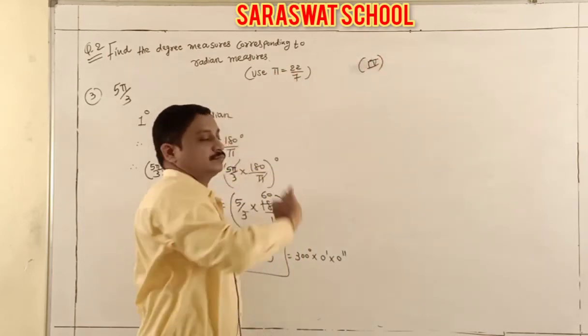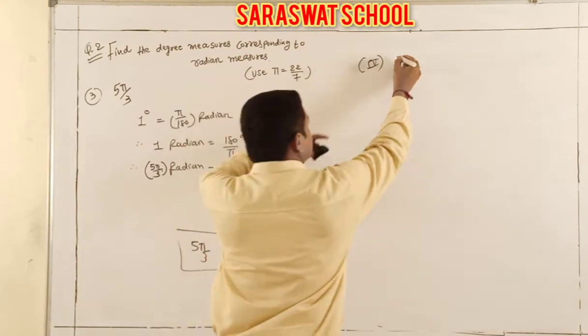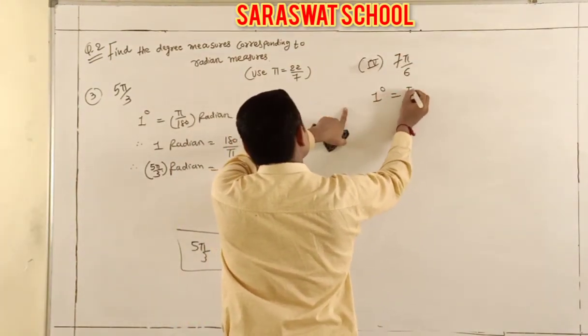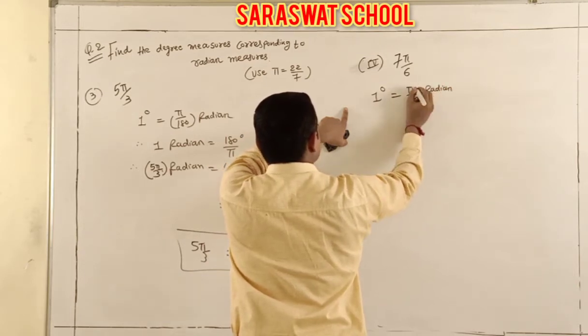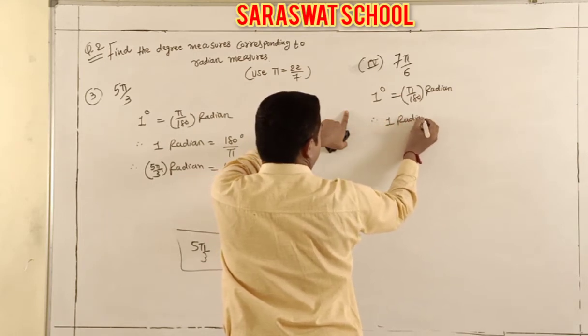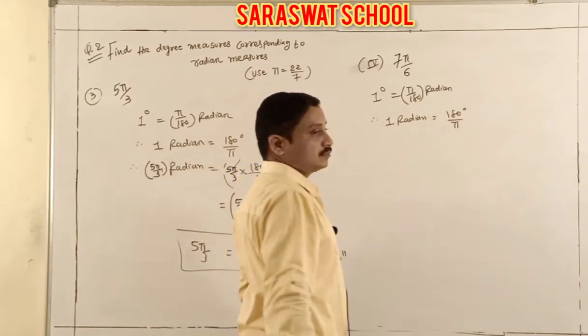Fourth one, the question is 7 pi by 6. Same application: 1 degree is pi by 180 radian. So what is 1 radian? It is equal to 180 by pi degree.